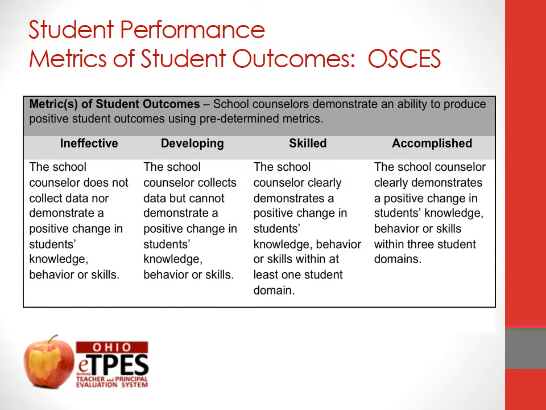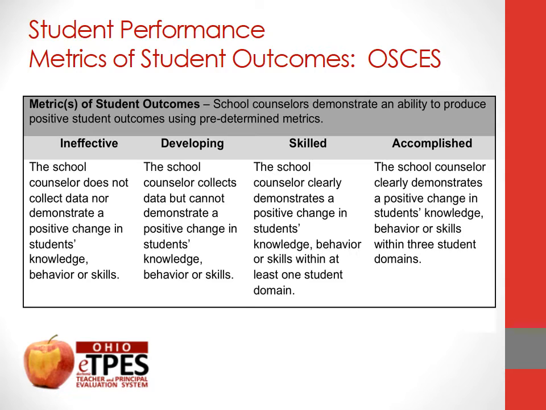A rating from that seventh area of the rubric, which focuses on metrics of student outcomes, will be entered into eTPES. Take a moment to examine the rubric that focuses on student outcomes. Notice under Skilled, the school counselor clearly demonstrates a positive change in students' knowledge, behavior, or skills within at least one student domain.